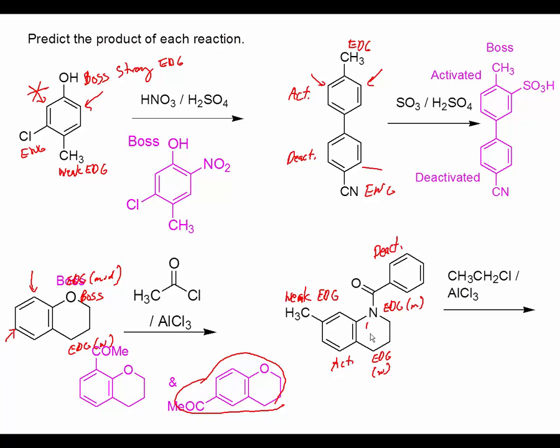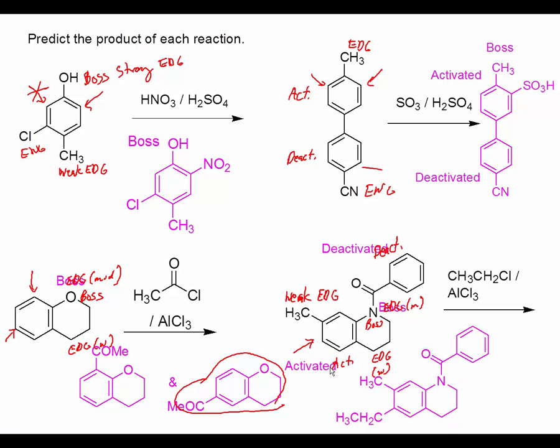Okay, so this is our Boss substituent, and we're expecting any new group to go here. So the product of this Friedel-Crafts alkylation is expected to be this ethyl methyl benzene derivative shown here.